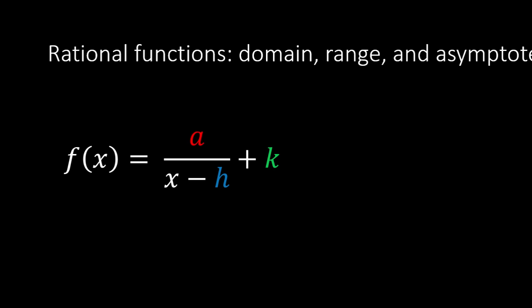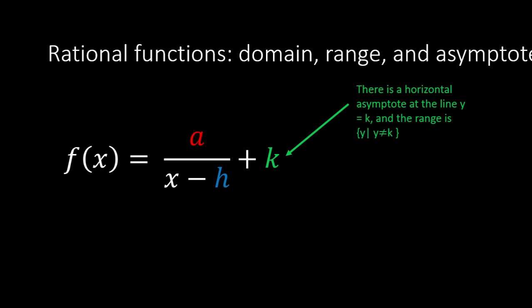So we're going to add on to this. What about identifying the domain, range, and asymptote of a function? Notice that I've got the same setup here. And this time I'm going to use k not just to identify vertical movement, but it's going to tell me where my horizontal asymptotes lie. Remember, an asymptote is a value that your graph approaches but never reaches.